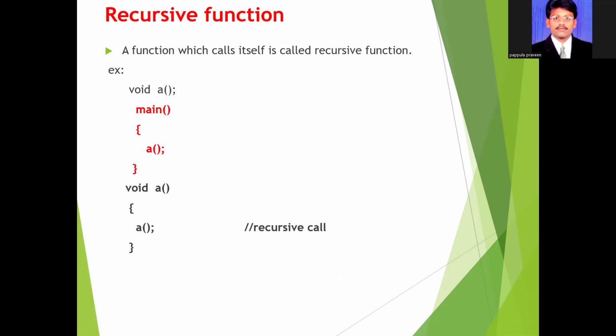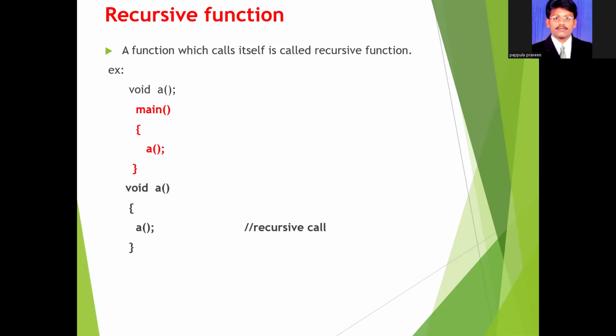What is the need for recursion? We have two types of recursion: direct and indirect. Indirect recursion is where one function calls another function, for example function A calls B, B calls C, and C calls D. Coming to direct recursion, a function is called by itself.